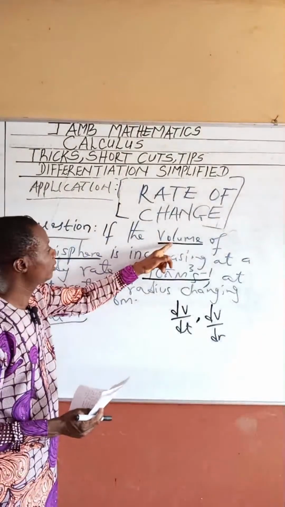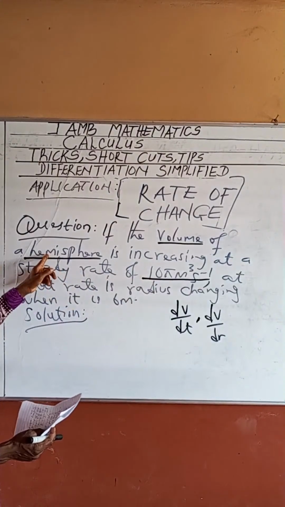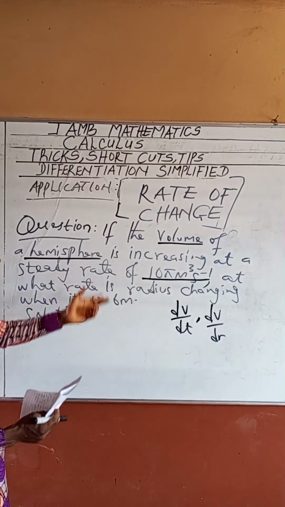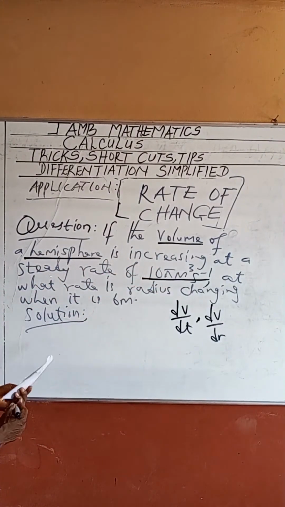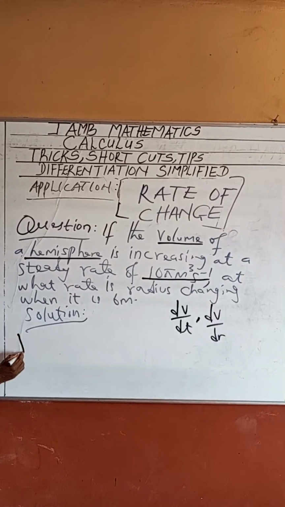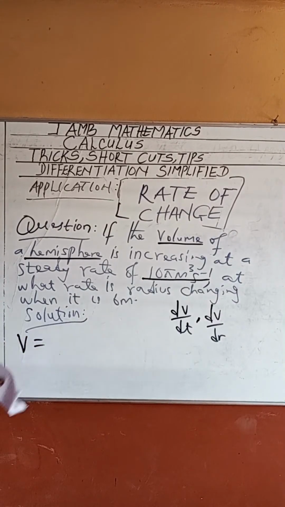If the volume of a hemisphere is increasing at a steady rate, how do we solve this kind of question? What is the volume of a hemisphere?